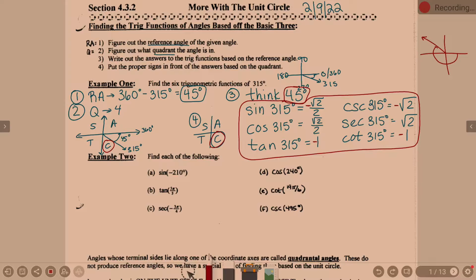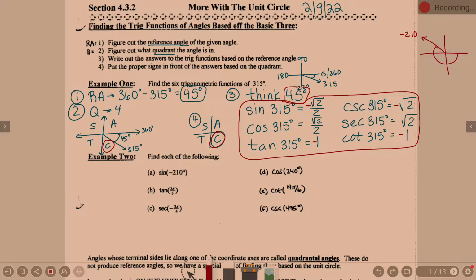And you could look here and say, okay, that's -210. How far is that from the x-axis? That's doable, and that's fine for some of you. If you are saying, no, I can't do the negative thing, okay, let's find a coterminal angle.